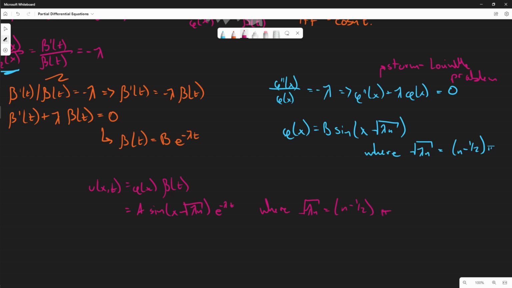And so defining what our square root of negative lambda is means there are infinitely many solutions to our phi of x.